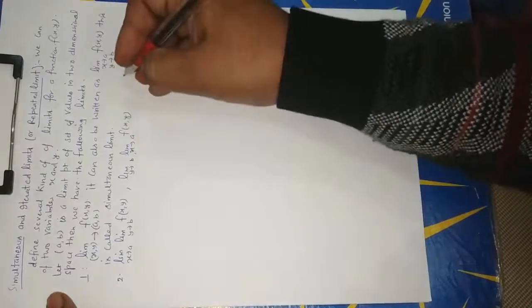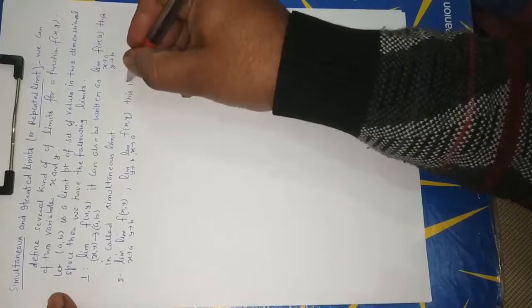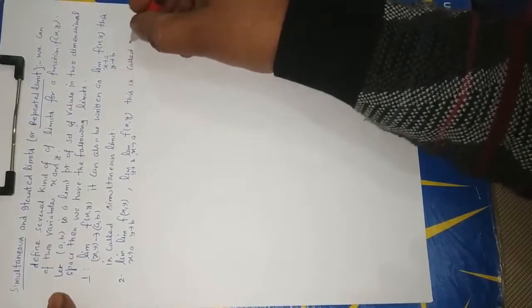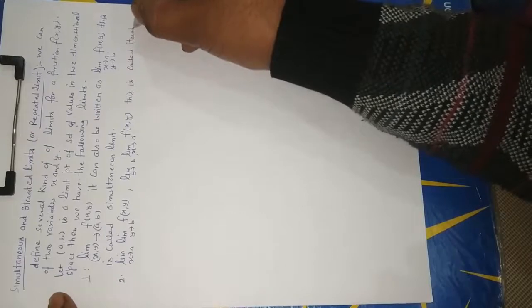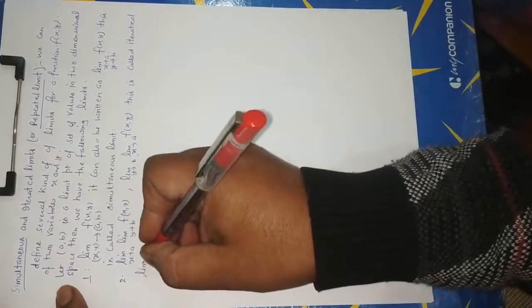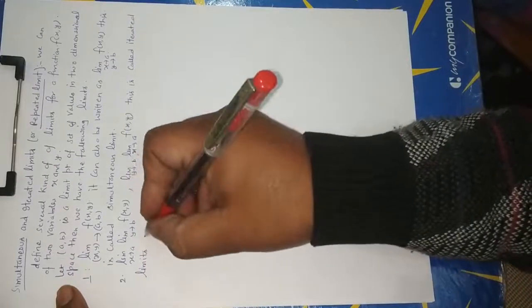This is called the iterated limits, or repeated limits.